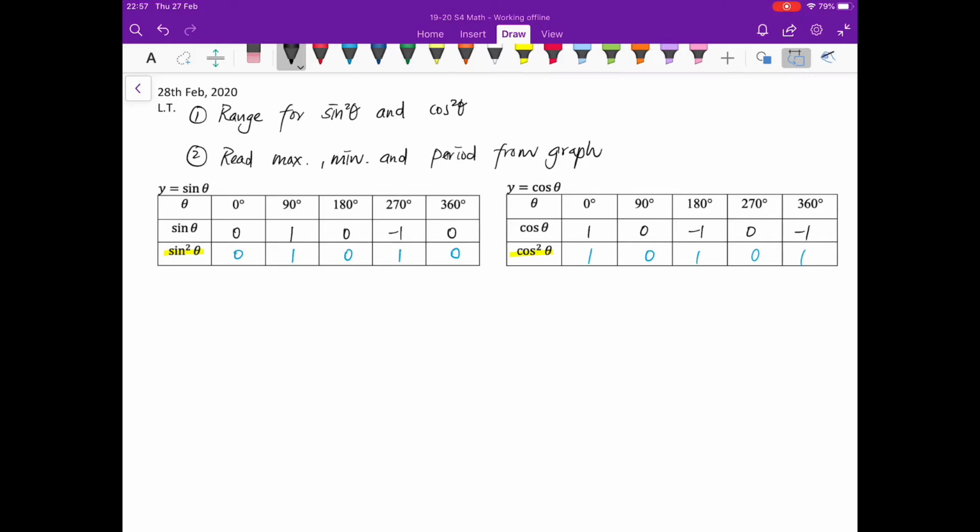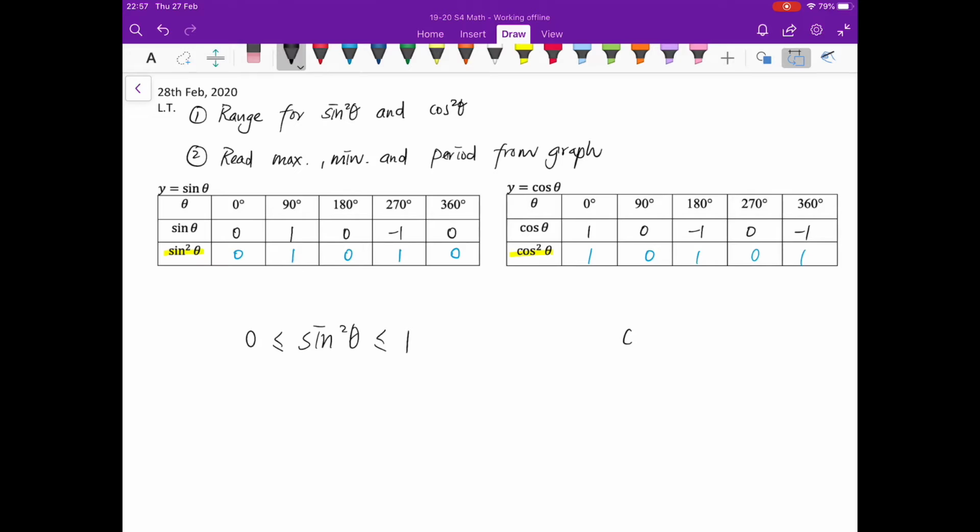Okay, so when we study the result of sine square theta and cosine square theta, can you tell me for sine square theta, what is the maximum value and what is the minimum value? Yes, the answer is for the maximum value, it is 1. And for the minimum value, it is 0.